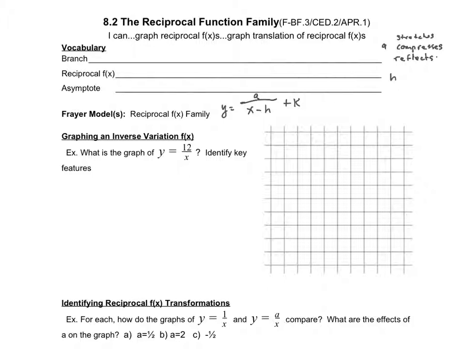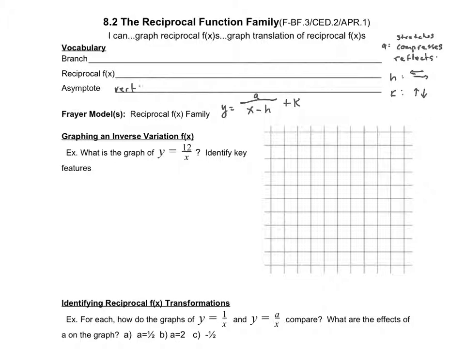H, we know, moves it from left to right, translates it, and then k will move it up or down. So as I look at these, some things I need to know are my asymptotes.